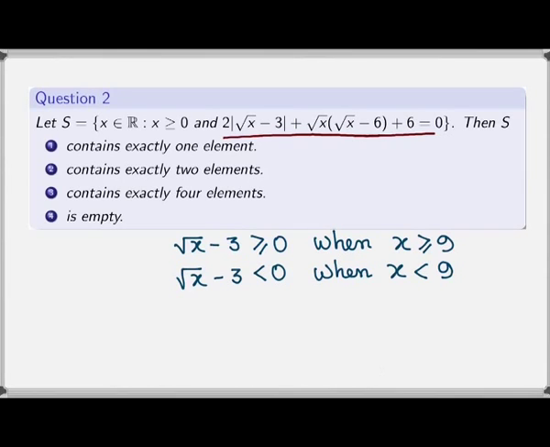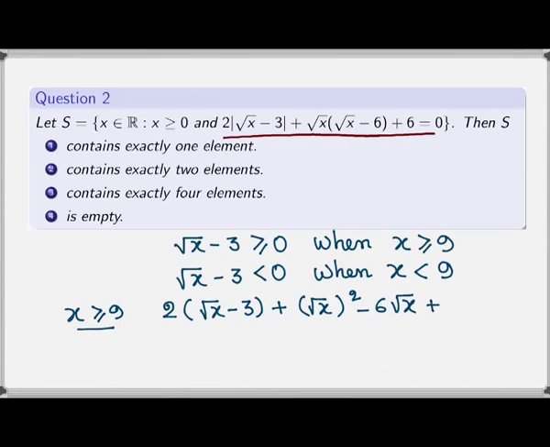Now we consider the case x bigger than or equal to 9 first. In this case we rewrite the equation. So our equation is 2(√x − 3) + (√x)² − 6√x + 6 = 0.